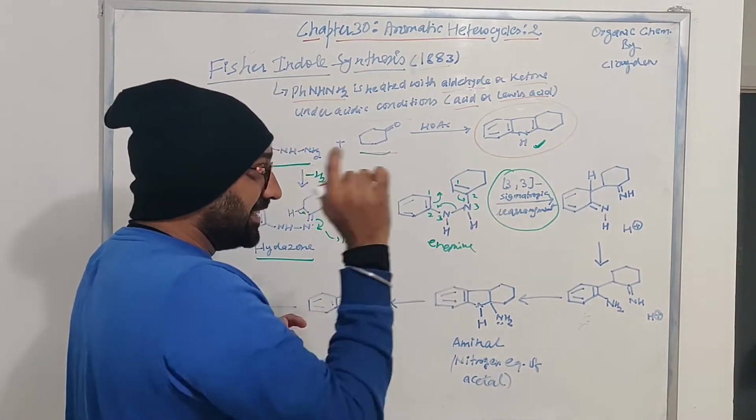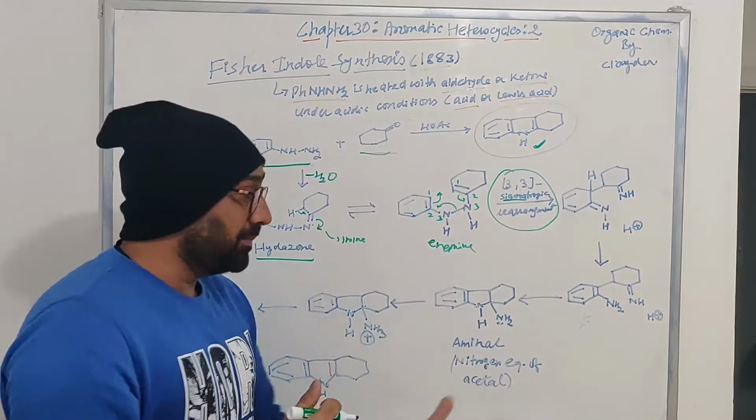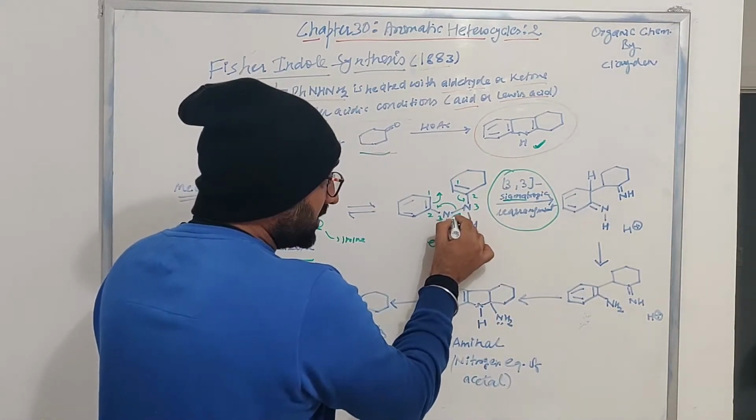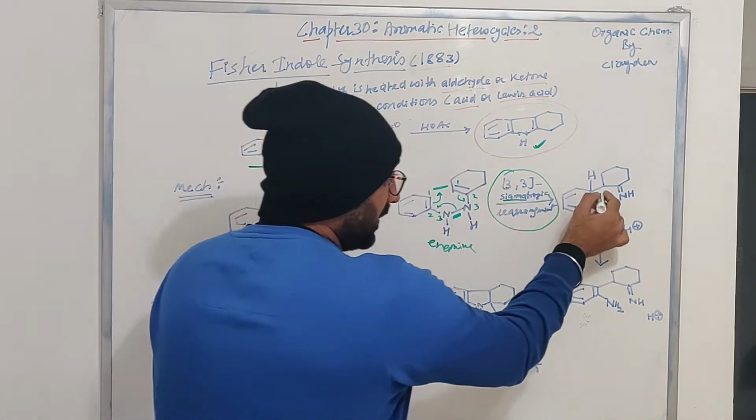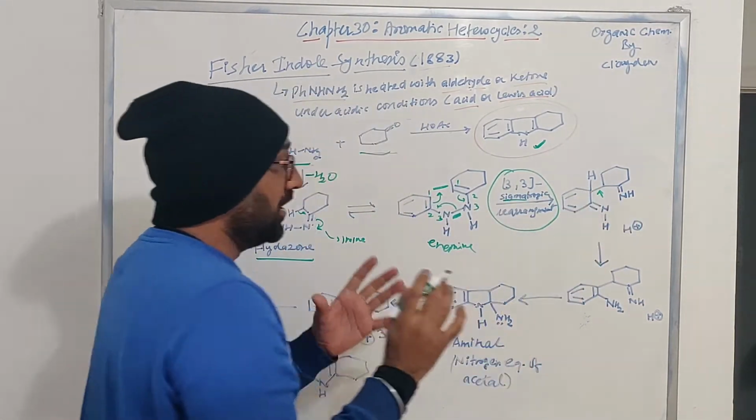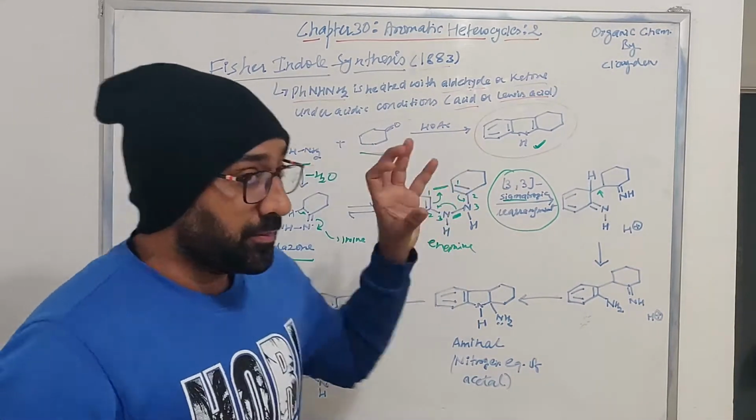This is a 3,3 sigmatropic shift because this sigma bond is breaking and here a new sigma bond has formed.